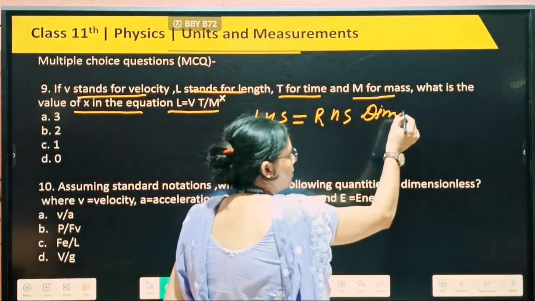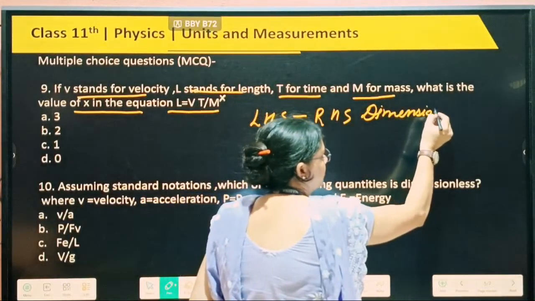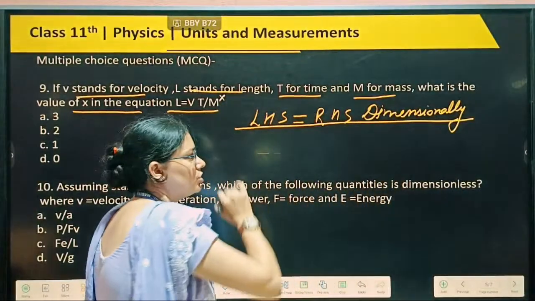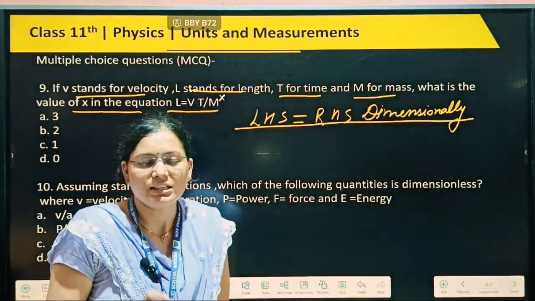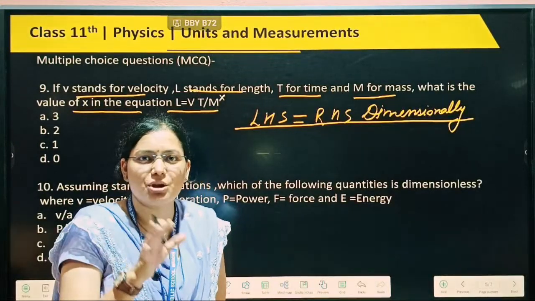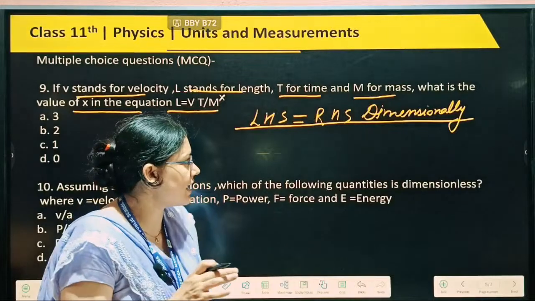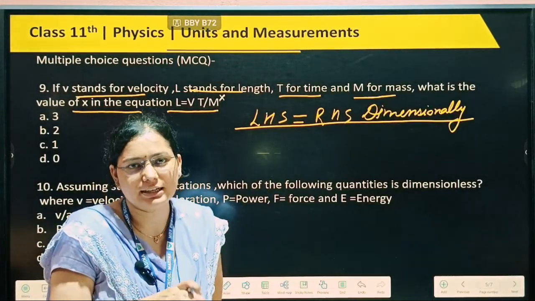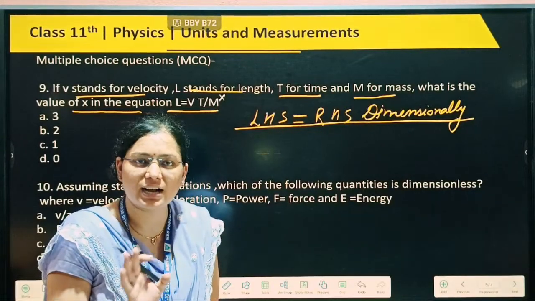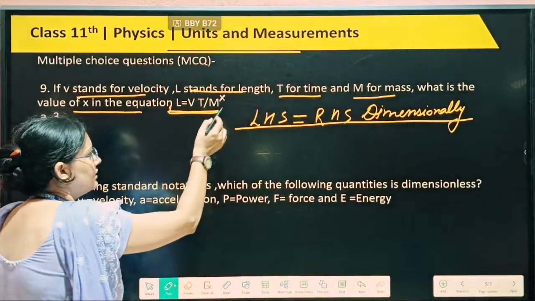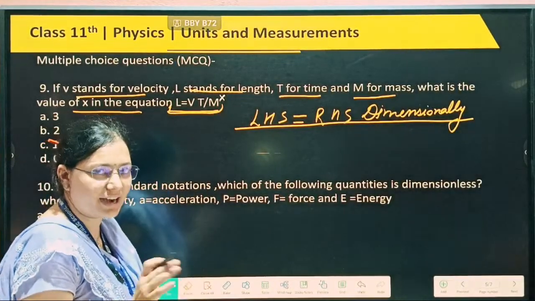Yes or no? Dimensionally. In dimensional analysis we have a huge application of dimensions. Whenever any equation is written, you have to check whether it is dimensionally right or wrong. So we will check both sides, and they should be equal to each other dimensionally. If not equal, then we can't write that relation.